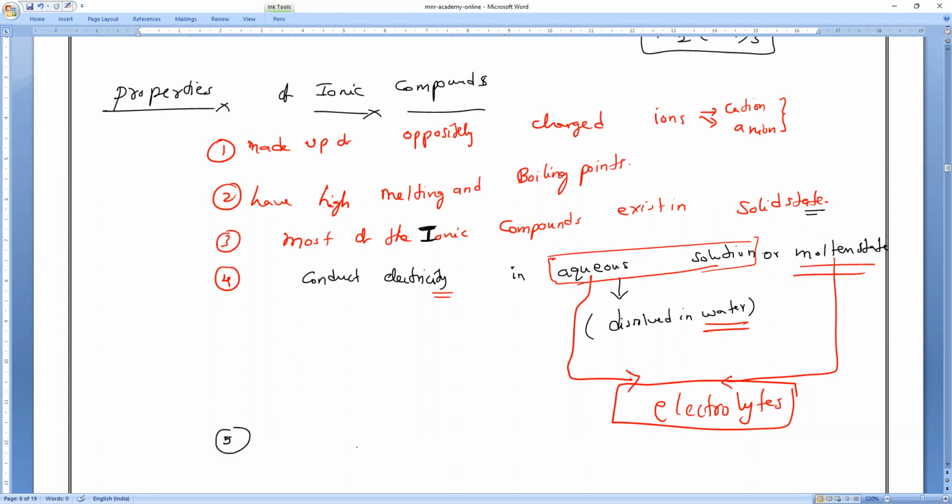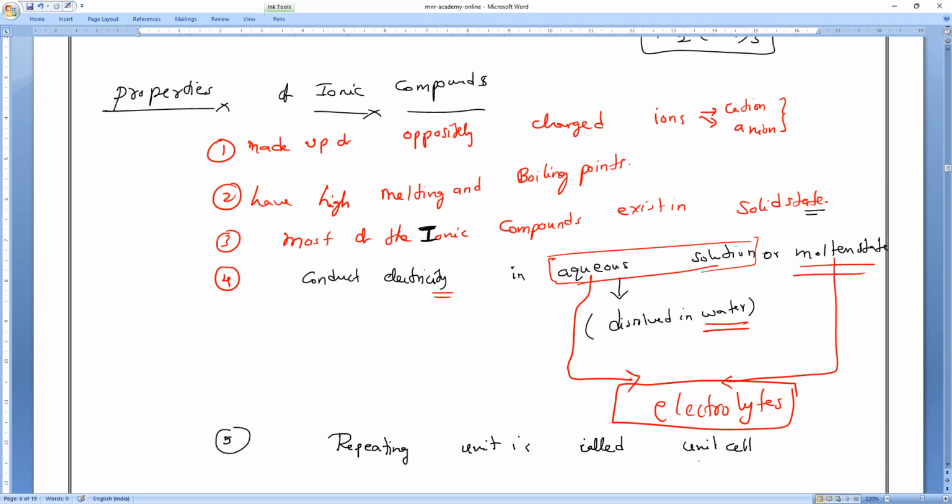And the last property, the repeating unit. In covalent compounds, the repeating unit is called a molecule because they share electrons. But here, the repeating unit is called a unit cell.